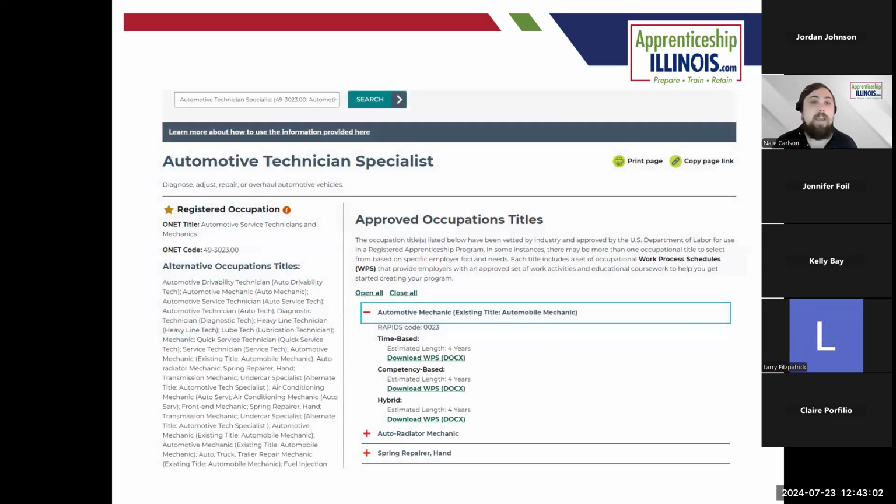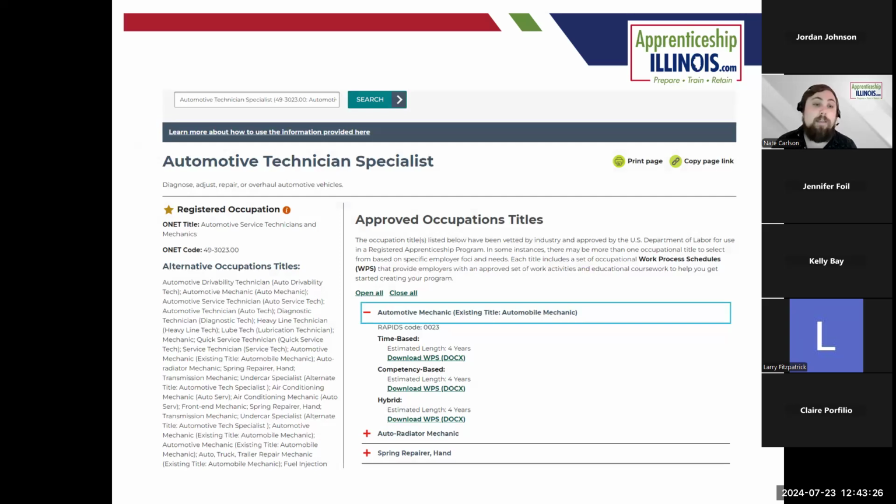And so we can see here in this example, I looked up automotive technician specialist. It's going to show me on that right-hand main column different variations of templates I can utilize. So the one that's open is automotive mechanic, but there's also more specific competency lists for auto radiator mechanic and spring repairer hand that are there.